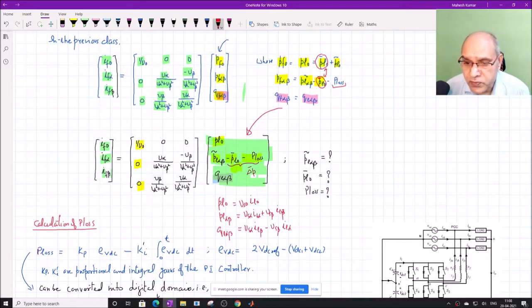So we know these values in time domain. At any sample, if we are in discrete domain, we can find these samples at any point of time.